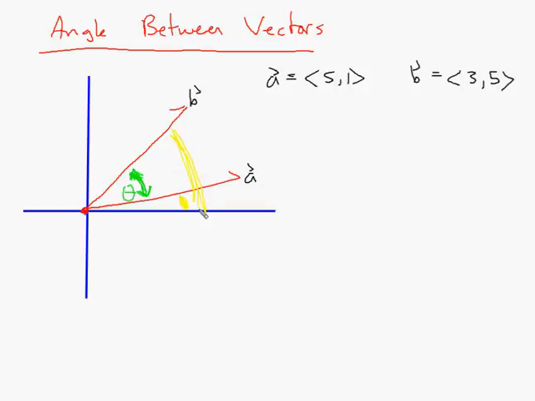And then if I subtract those, won't that give me this angle right here? Do you get what I'm saying? So that's what I would do. Well, how do I find the angle of vector A? 1 over 5. Inverse tan that. And what's the inverse tan of 1 over 5 to the nearest 10th?